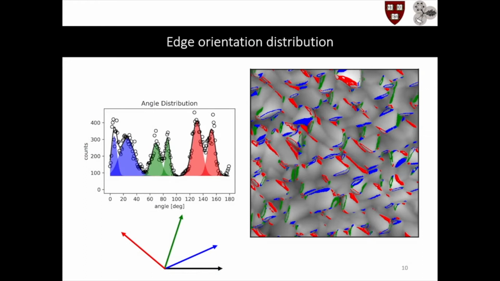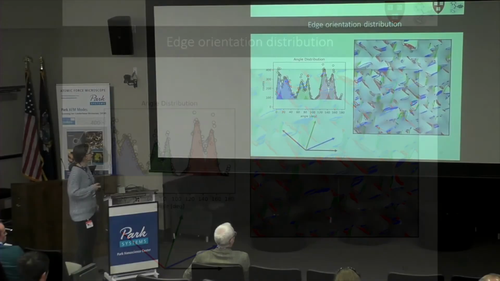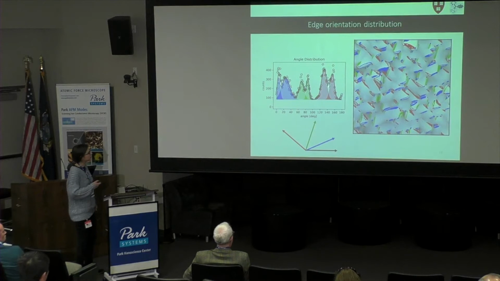From that, we can also plot it back on the image, which here shows all the crystallites with the different edge orientations. Okay, so it looks like on this image we have 3 families of preferred orientations.